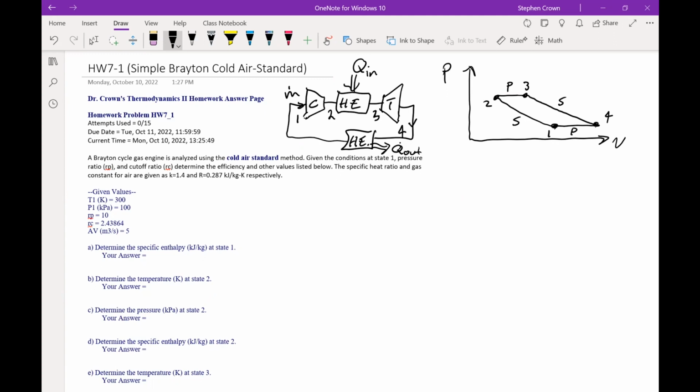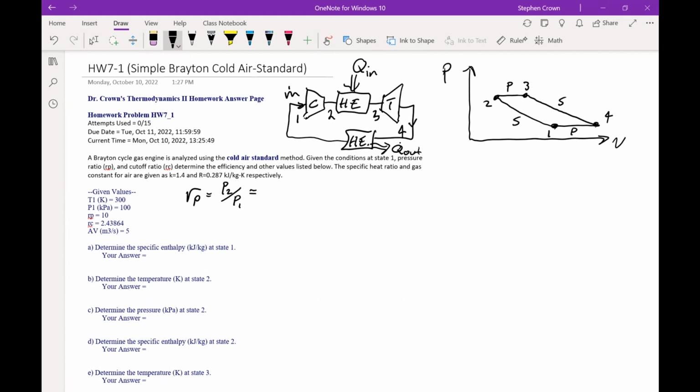There's my simple 4-process heat engine. Given the temperature at state 1 and the pressure at state 1, RP, which is my pressure ratio from state 1 to 2, so RP is defined as P2 over P1. So rather than give a compression ratio as we did with the Otto cycle, we're going to give a pressure ratio for the cycle.